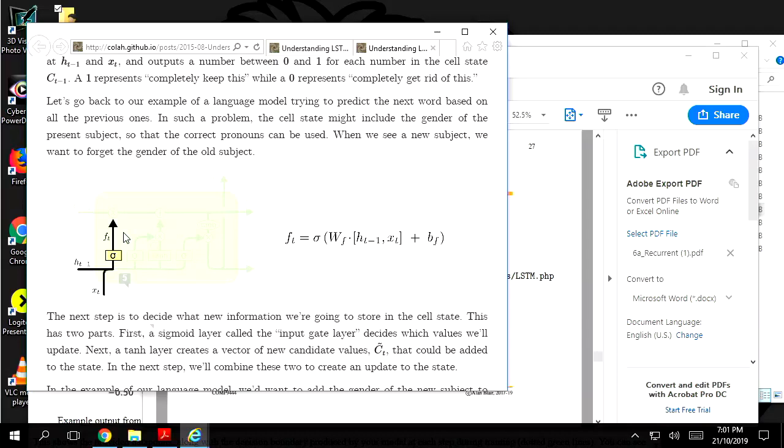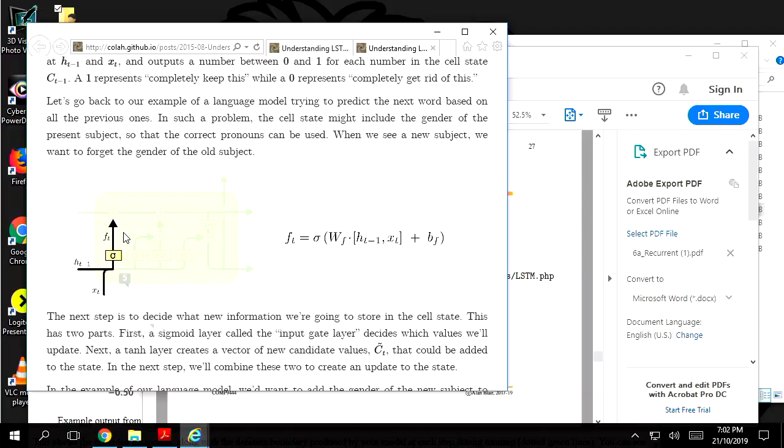If there are 10 hidden nodes, there'll also be 10 context nodes. What you're getting here is a number between 0 and 1 for each hidden node, so you're getting 10 numbers between 0 and 1. And then this gets multiplied by that number.